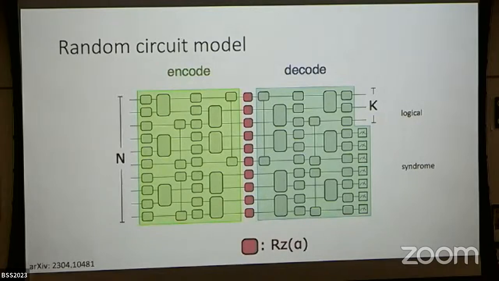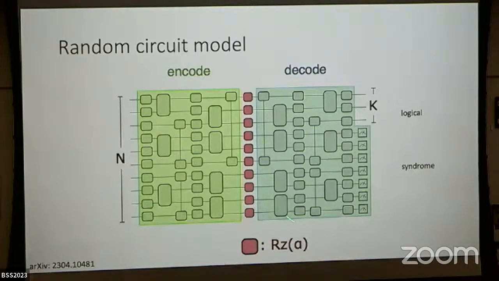Okay, so now I'm going to talk about this phase transition that we study in magic. When we want to look at a measurement-induced phase transition, we need to start with our model. So this is the model that we look at. We have n qubits. First, we do an encoding step, which is a random Clifford circuit. It's built up in these layers of random Clifford operations.